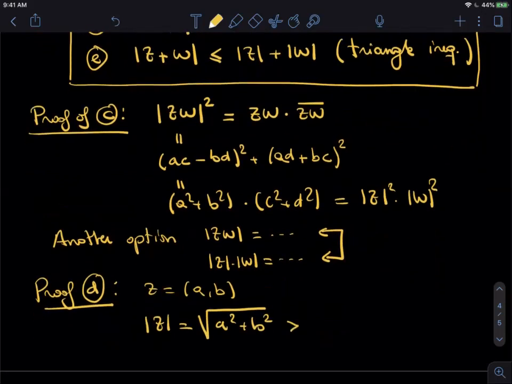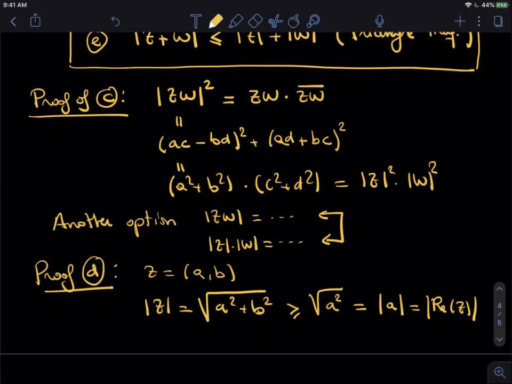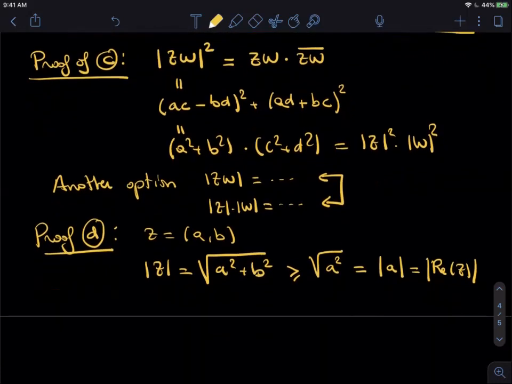And because A and B are real, the squares are non-negative, so we know that the square root of A squared plus B squared is bigger or equal than the square root of A squared alone. But now we realize, oh, A is a real number, so this is the absolute value of A, and A is the real part of Z, which is what we wanted to show: that the real part of Z is less or equal than the absolute value.